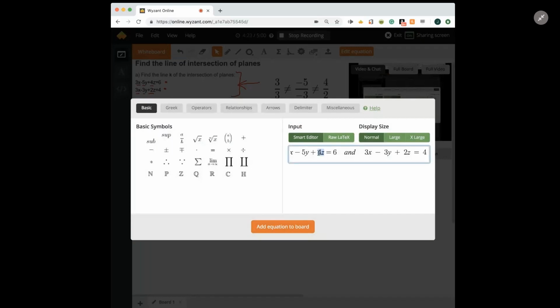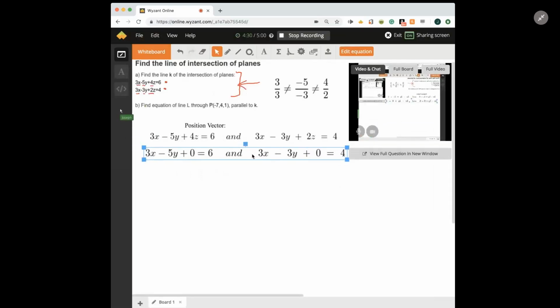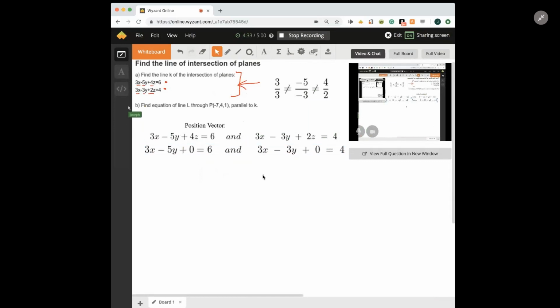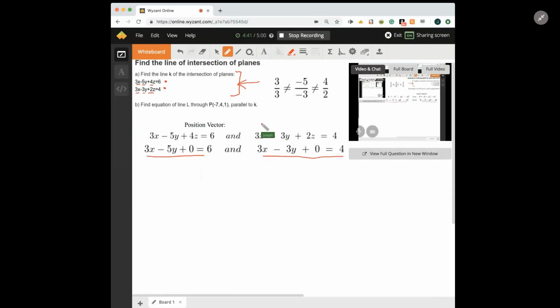If z is 0, the z terms become 0 because anything times 0 is 0. Now we have a system of two equations with two unknowns, x and y. I'm sure you can solve a system of equations with two unknowns, and I'll leave that up to you. You're going to get x is equal to 1/3 and y is equal to -1.